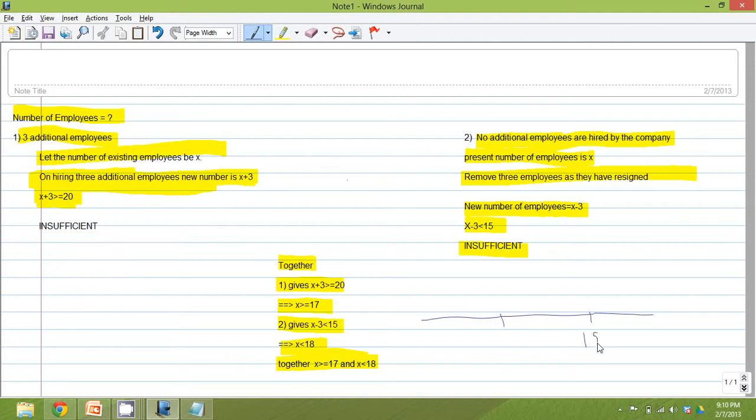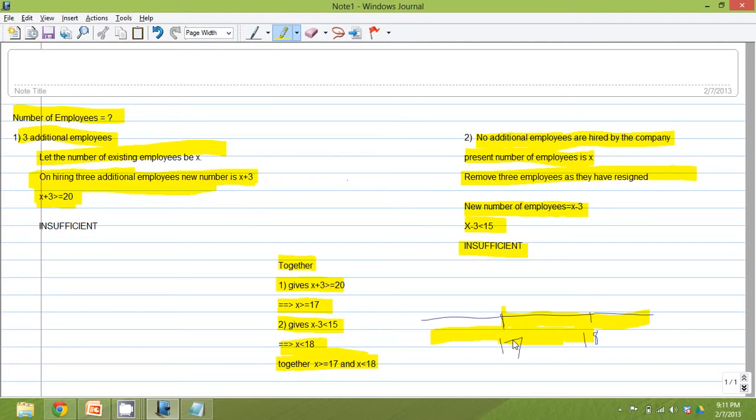Now let me show that X is greater than or equal to 17, and also X is less than 18. So X can take any value either above this or below this. Now the only region that coincides with this: X is a number of employees, so it needs to be an integer.